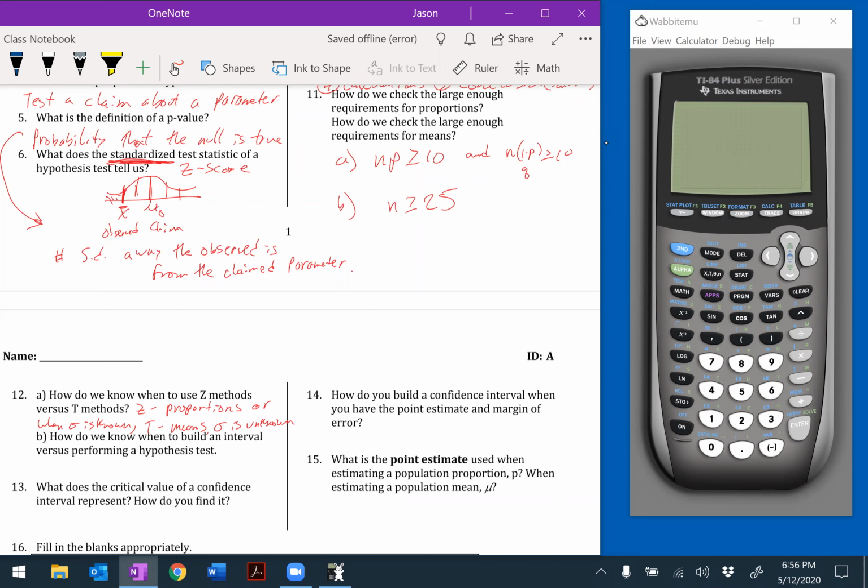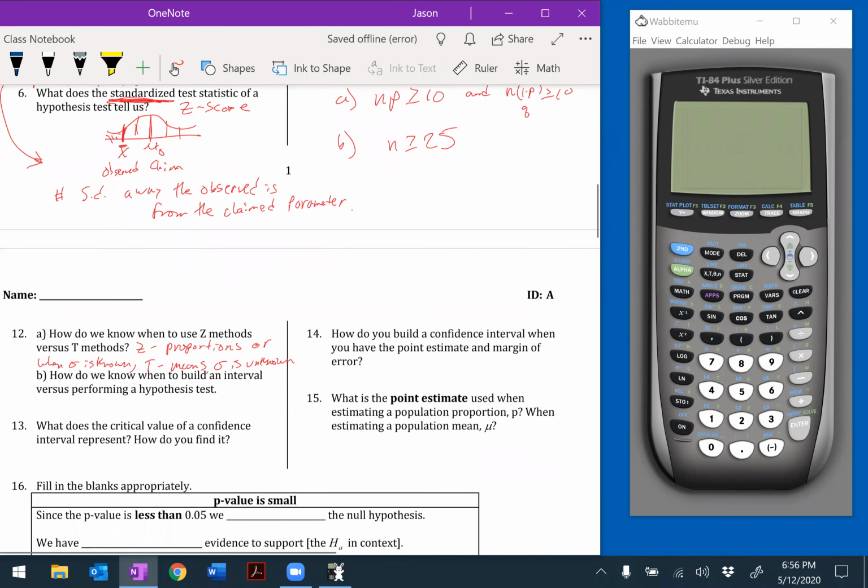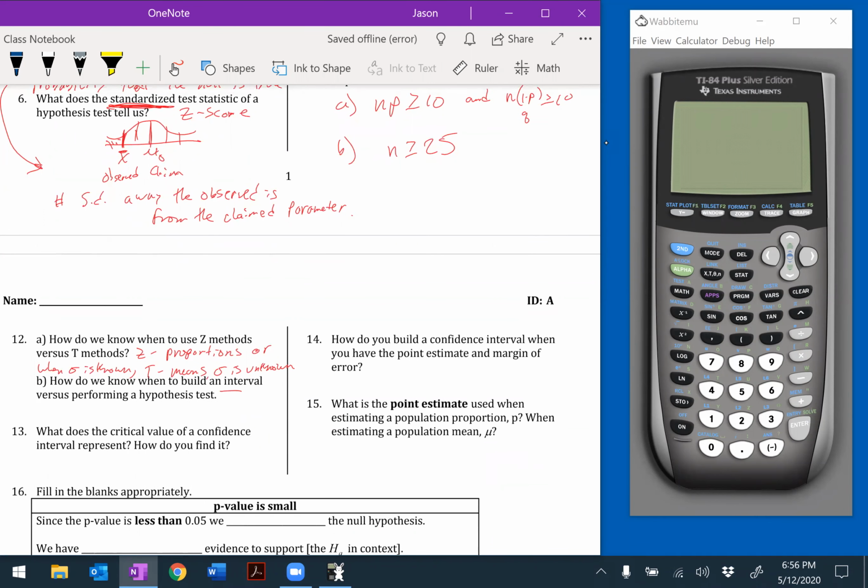Okay, how do we know when to build an interval versus performing a hypothesis test? An interval asks us how many, how much. We're looking for a value, an interval.